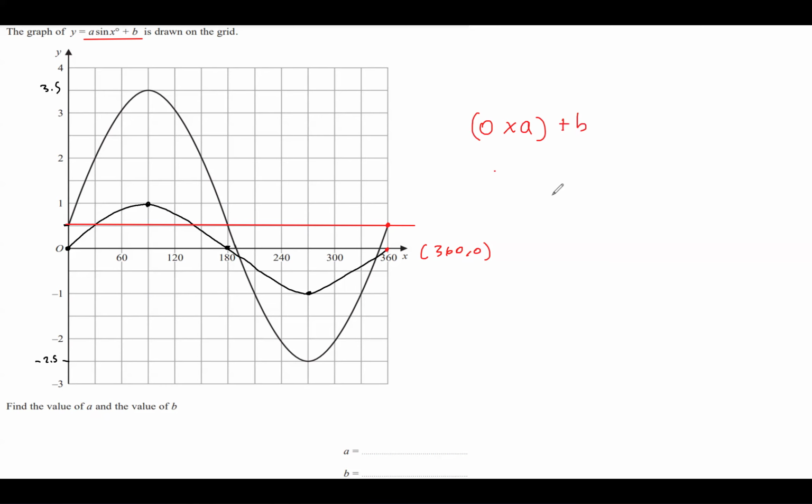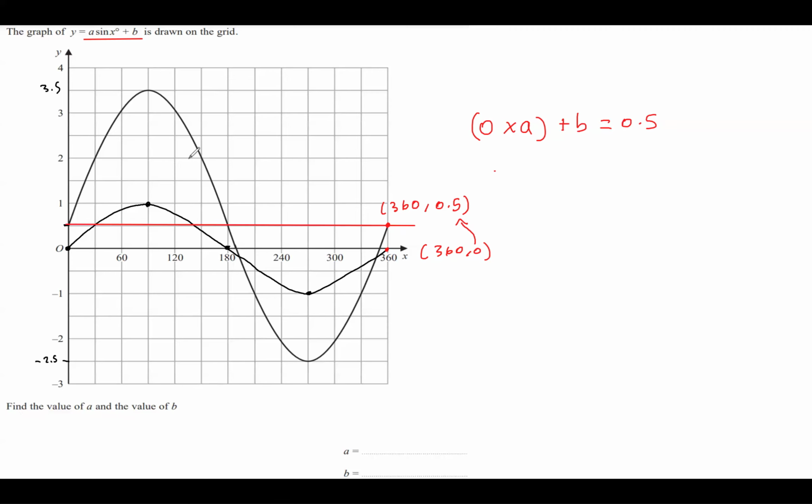And then we are saying plus b to get to a coordinate of 360, 0.5. So this coordinate is currently 0, so the y coordinate is currently 0. 0 times a is going to give us still 0, plus b amount to give us 0.5. So that means b must be 0.5.